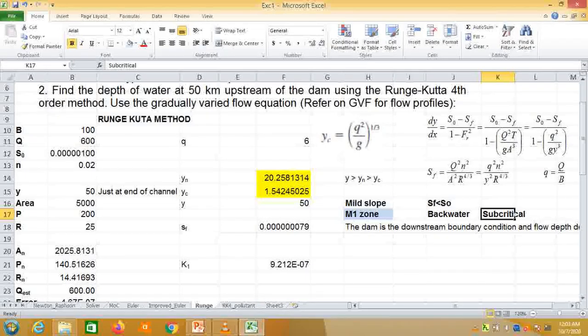And since Y exceeds Yc, you know it's going to be subcritical. If it is subcritical, obviously the Froude number is less than 1. So we can easily identify the sign for dy per dx. If it's positive, then it's going to be positive ultimately. So that would give us a positive sign. So it's increasing along the flow direction, obviously.